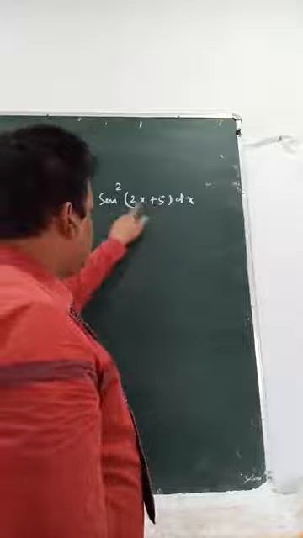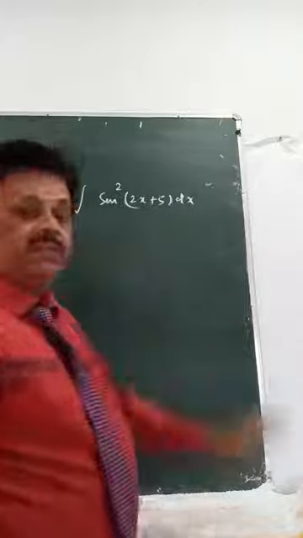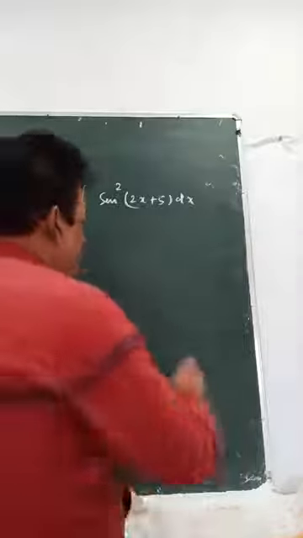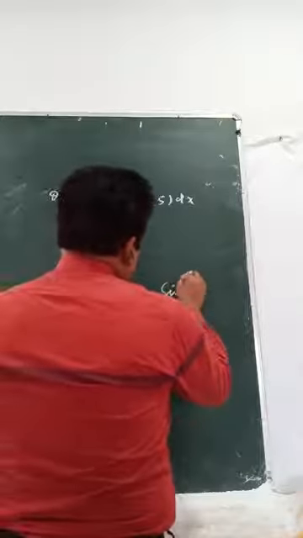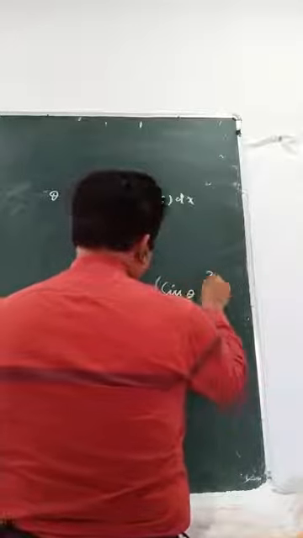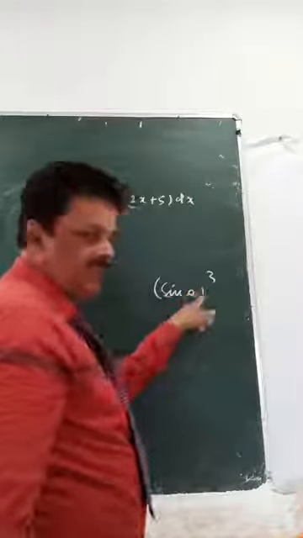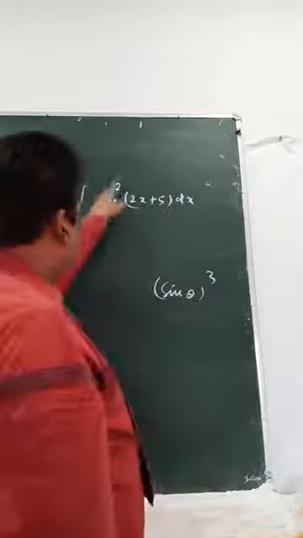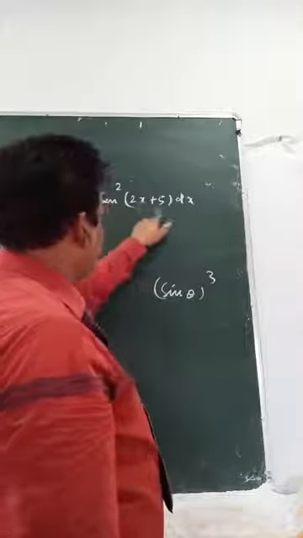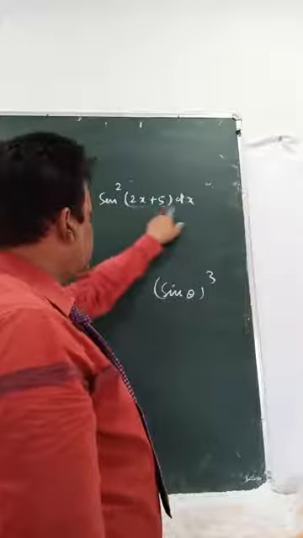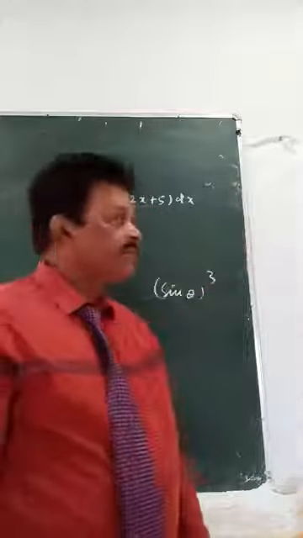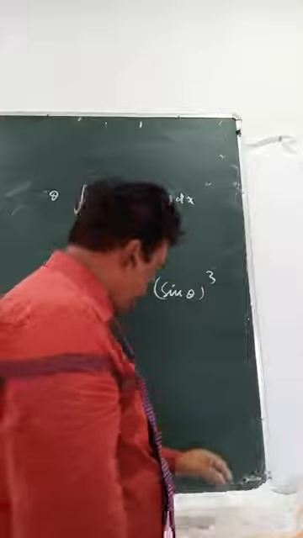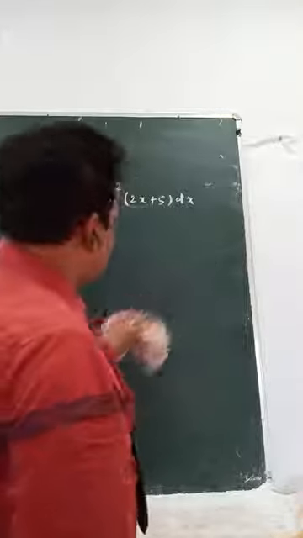Sin square theta, cos square theta, sin cube theta cannot be integrated with the nth formula, because the nth formula is not used here since the derivative of the base is not constant. So in sine square, the base will be which one? Sine 2x plus 5. Its derivative is not constant. So we will remove the power, then only we can integrate. So how to remove the power? Which formula I gave you just now?